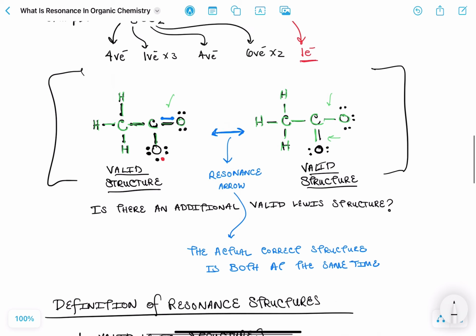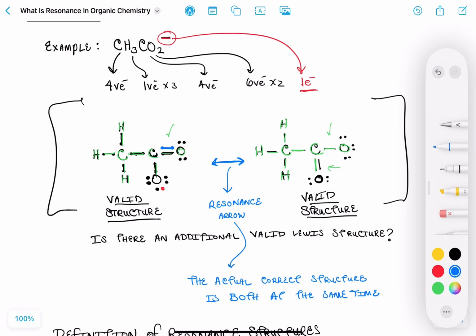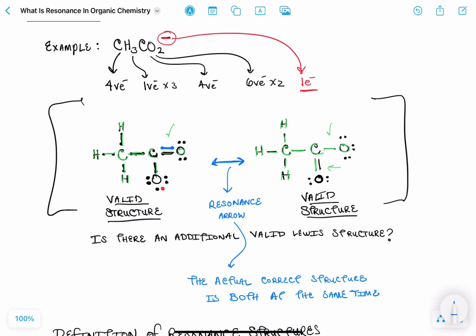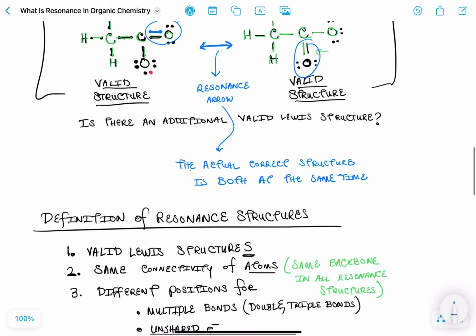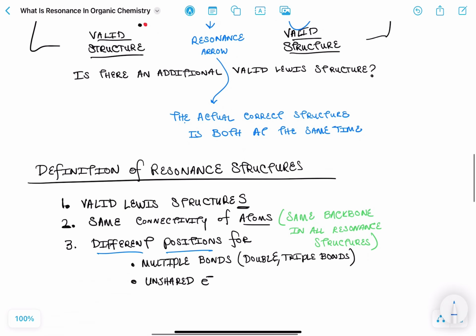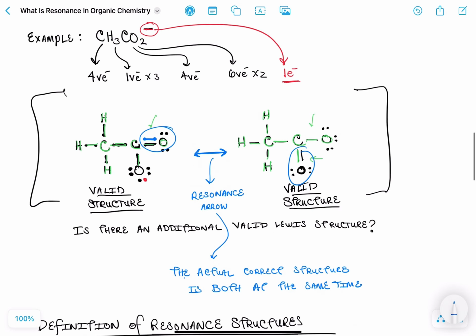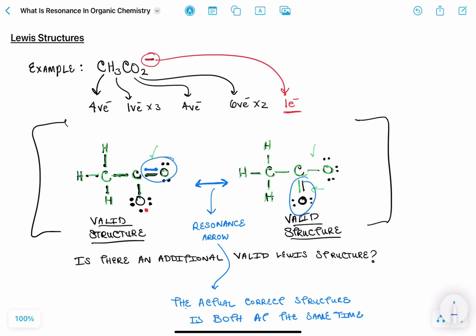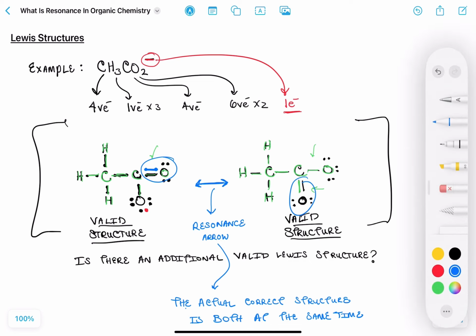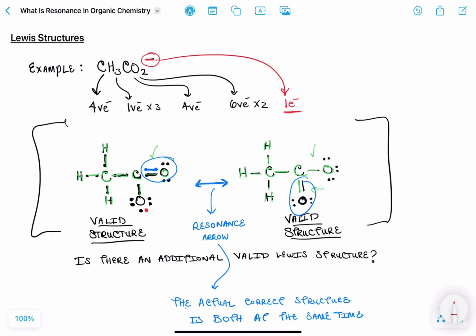And so let's take a look, and we'll highlight it in blue. If we look, we have essentially a double bond here, and then the position is now there. So it changes across the different structures. So different positions for multiple bonds. In this case, we have double. So you see how the double bond changes positions. Same thing with the, let's go ahead and make that one electron that was extra in red. And let's take a look now at those lone pairs.